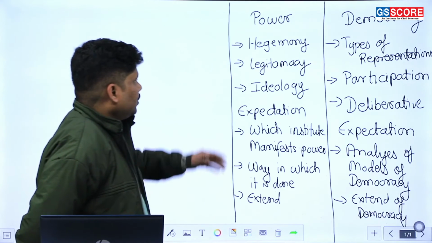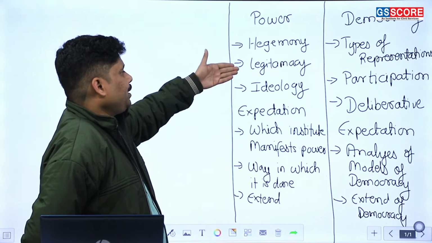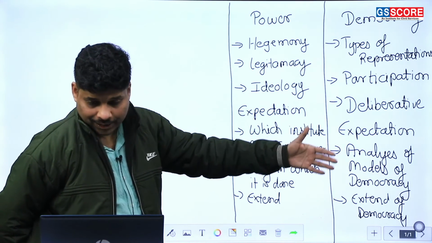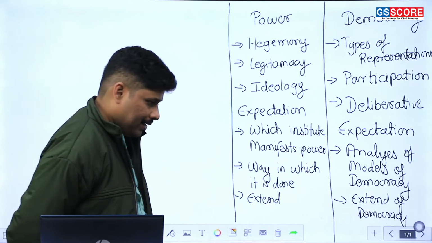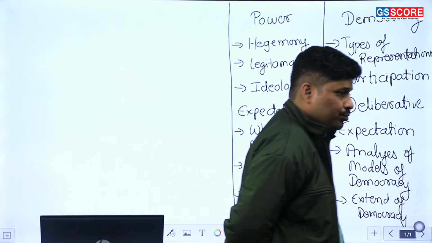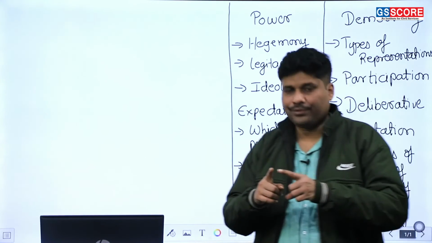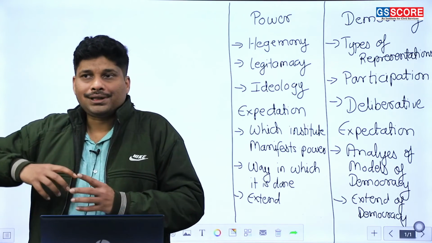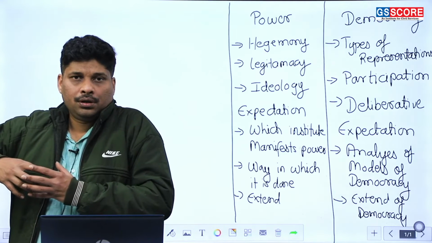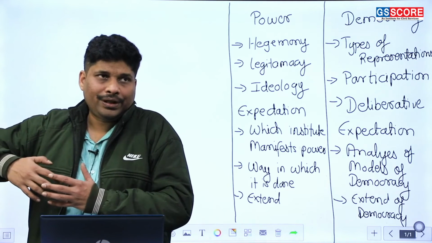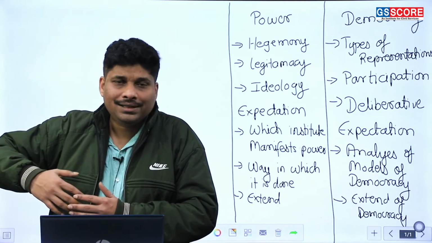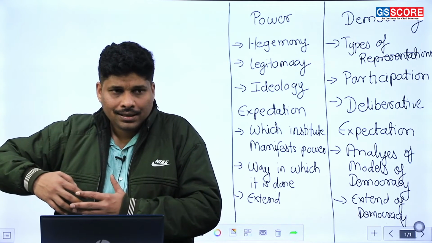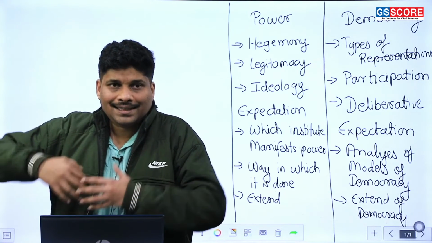Obviously, things like hegemony and legitimacy are directly connected to a particular thinker. So you have to connect it to them. With respect to hegemony, you have to showcase an institute or a country exercising that hegemony.